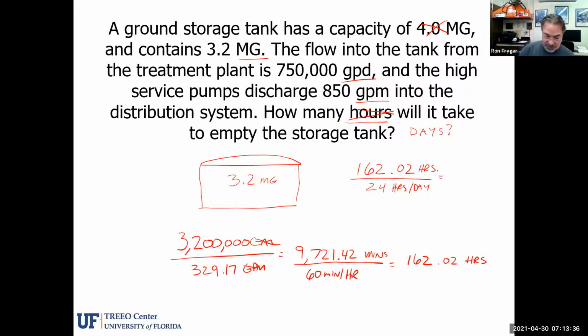So let's just divide 162.02 hours by 24. And I came up with 6.75 days. There we go. So if you want the answer in days, 6.75. If you want the answer in hours, 162.02.